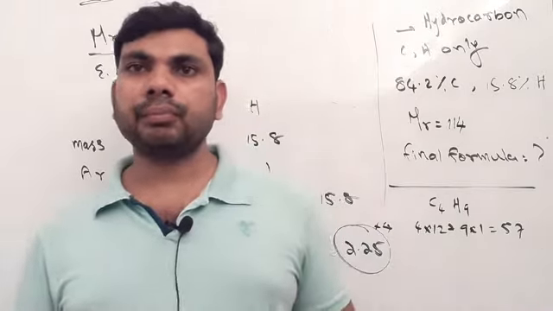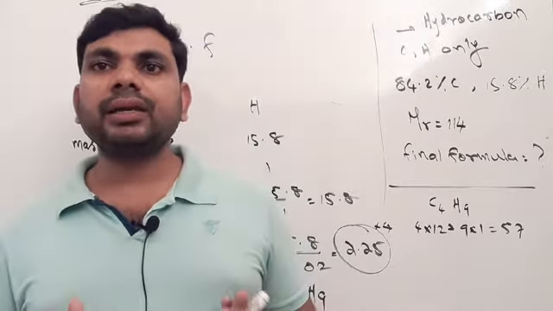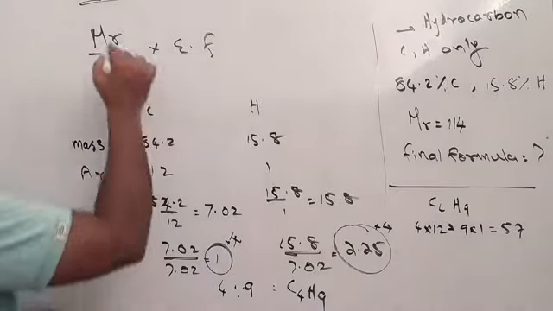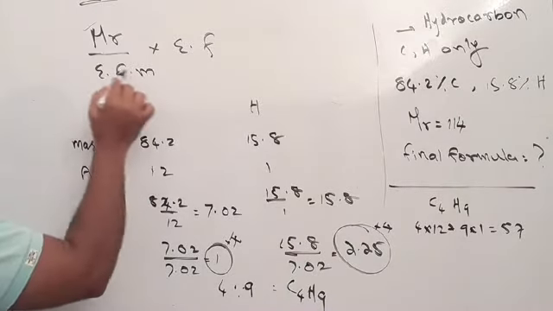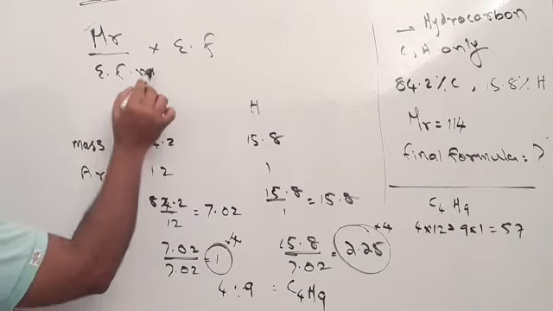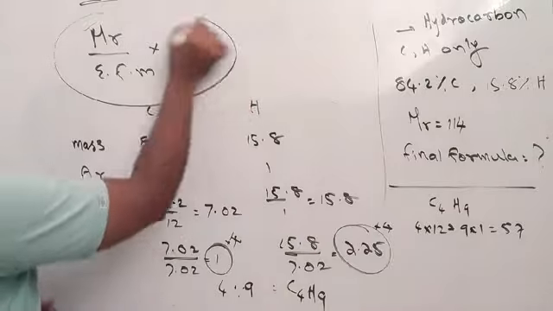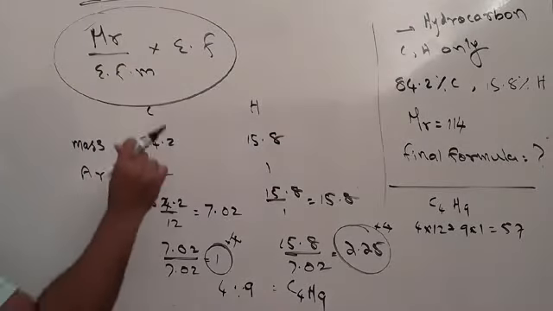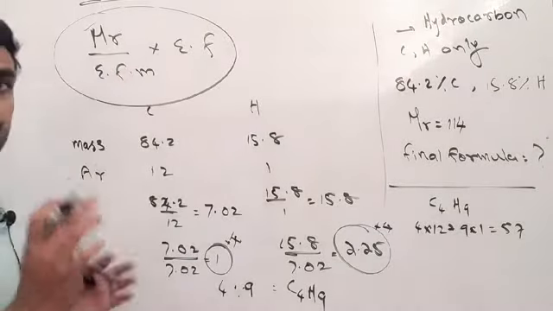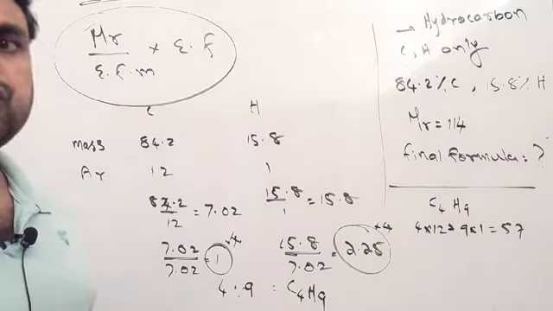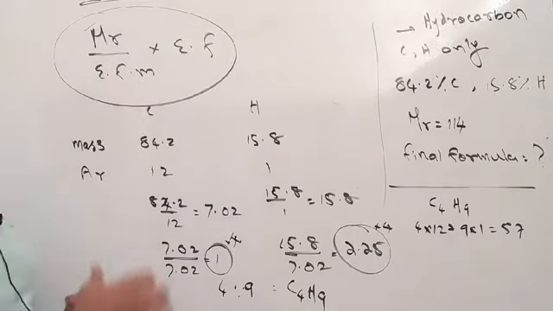Okay, next we have to discuss how to find the final formula or molecular formula. To find the final formula, this is the equation: molecular mass divided by empirical formula mass times empirical formula. You have to remember this. You need the molecular mass, and you also need the empirical formula to find the final formula.